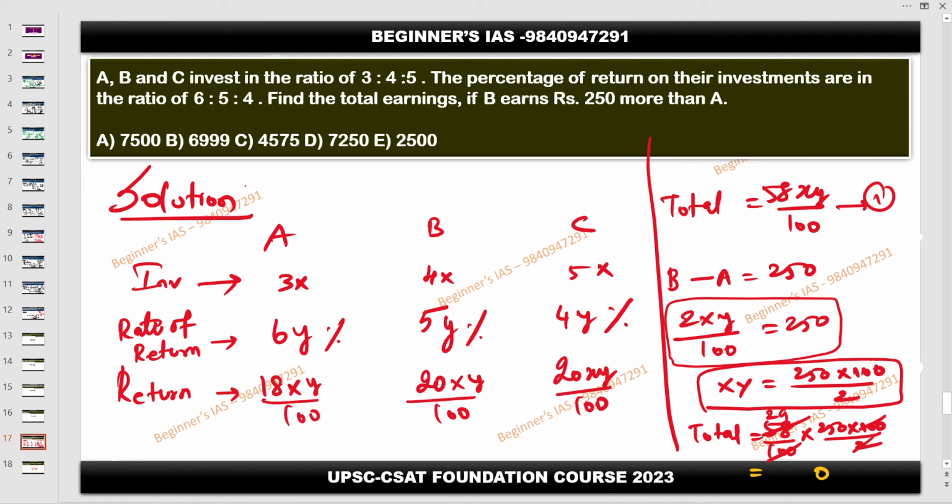Now clear? 29 into 25 only, 7250. Understood, Rajshekar? That you have calculated in a direct way, that is okay. Yes, so simply multiply 29 in order to get the 58. Therefore 29. 7250. The answer is D.